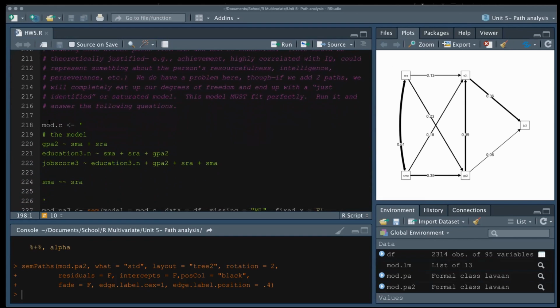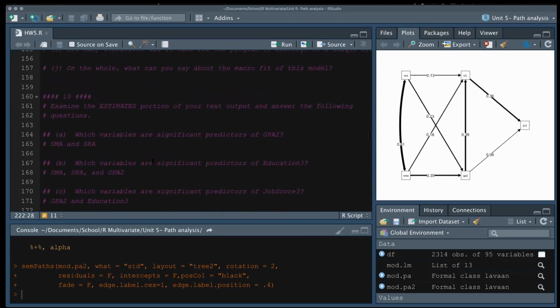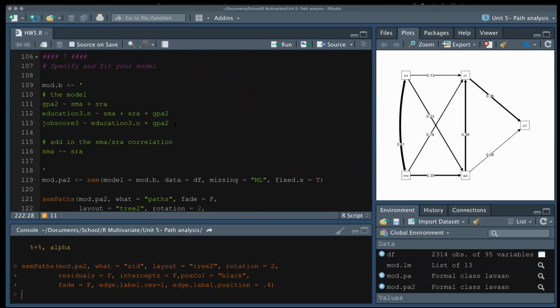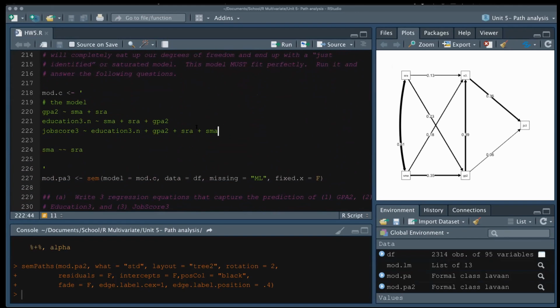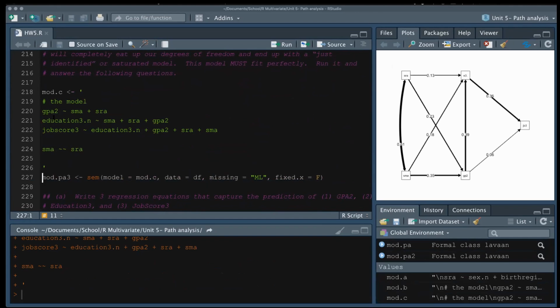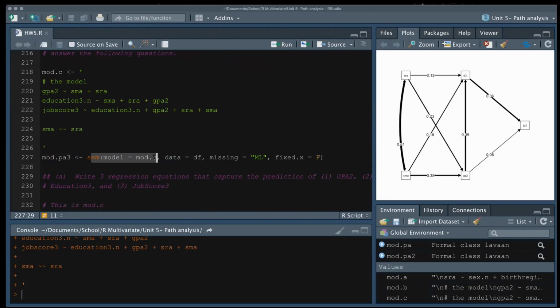And so the only difference here is now we are adding for job score 3, whereas before on model B, we just had GPA 2 and education on job score 3. All we do for this model is add SMA and SRA to create model C. We run our sim function once again.